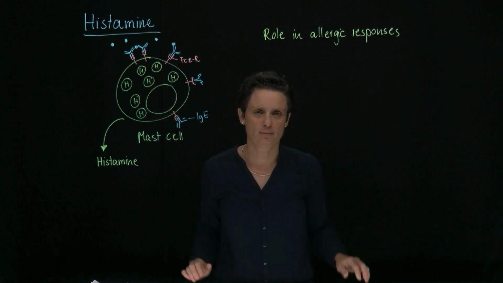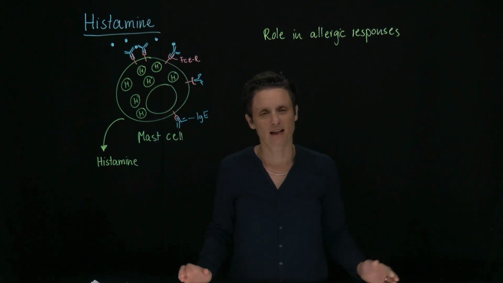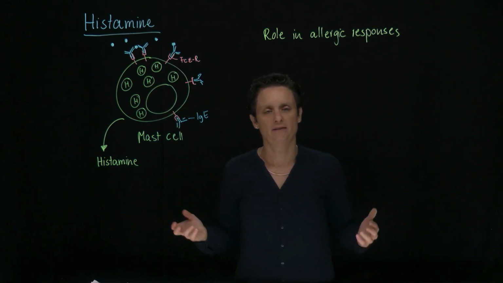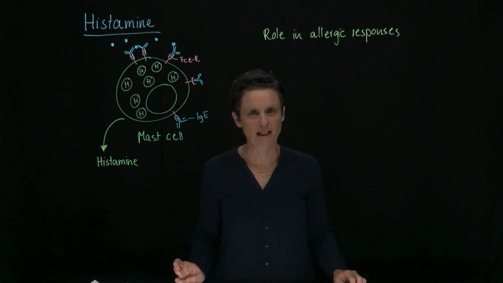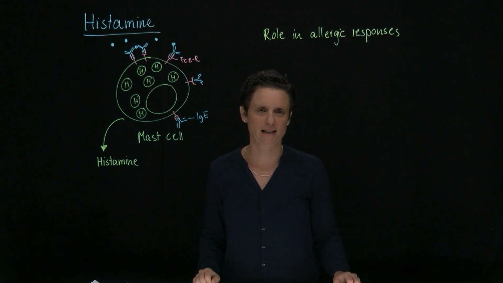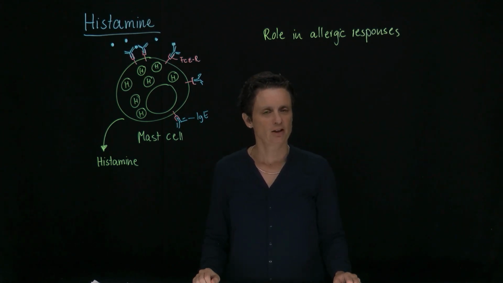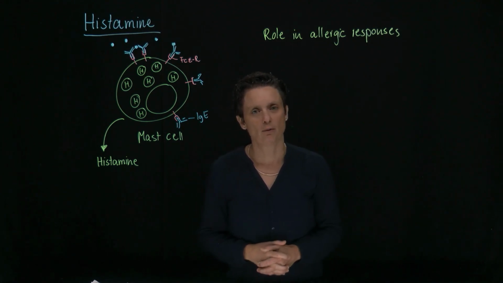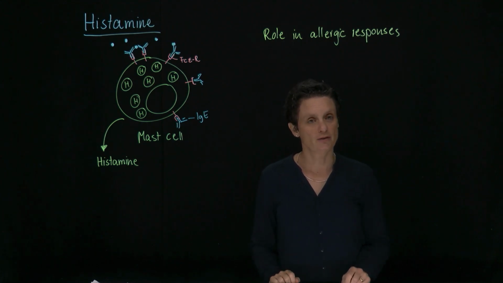These allergens could be like cat saliva, dust mite, or if somebody that has an allergy to peanut butter eats a peanut butter sandwich, this mast cell is going to release histamine. So we want to talk now about what histamine does to the vasculature.